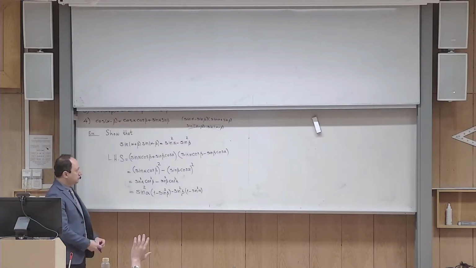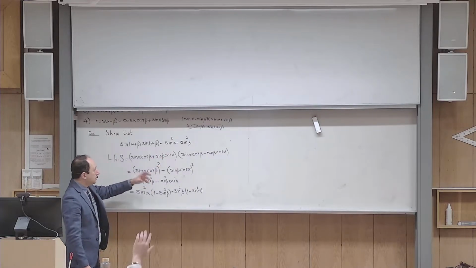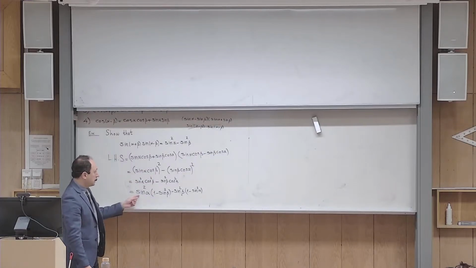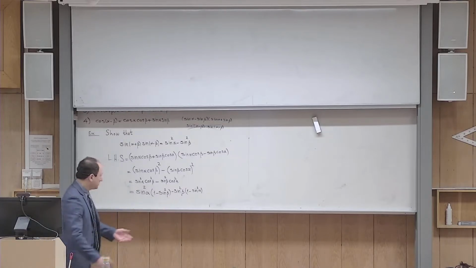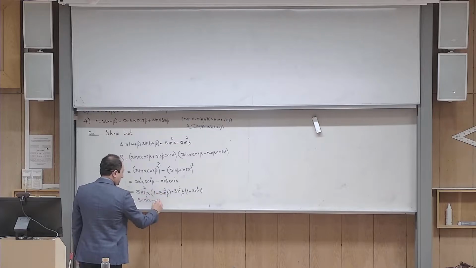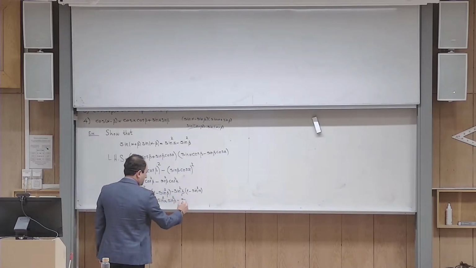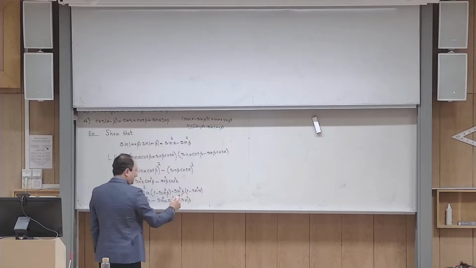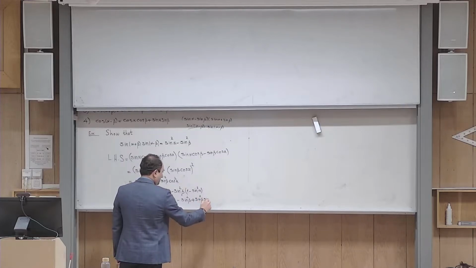By the way, I hope that you feel this is a progress because what I need on the right is only sine alpha and sine beta. And what I have in my hand right now is just sine alpha and sine beta. Yes? You just multiply, yes. So this becomes sine alpha squared multiplied by 1 minus this term multiplied by that is sine alpha squared sine beta squared. And then I multiply this in, so it becomes minus sine beta squared, and then this becomes plus sine beta squared sine alpha squared.